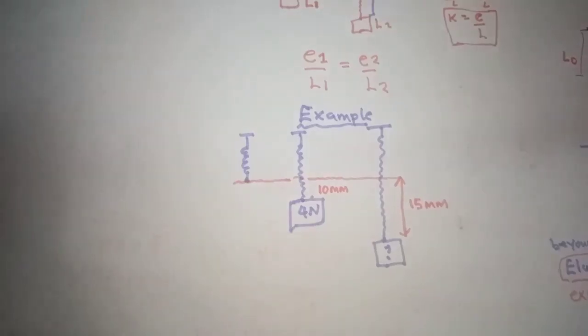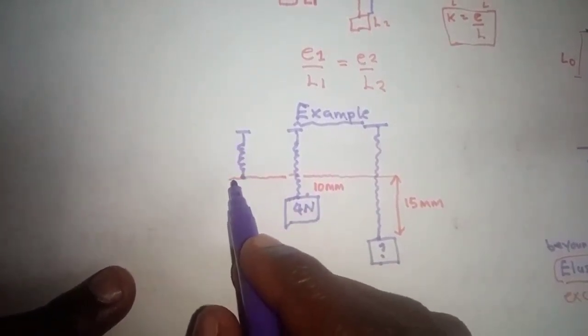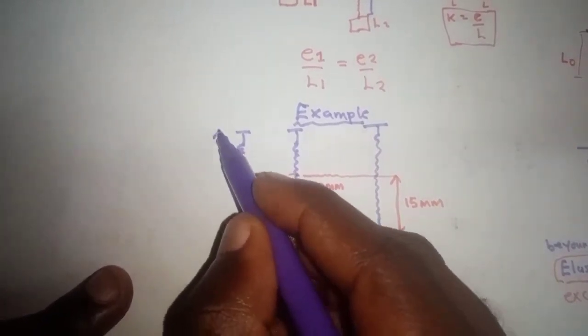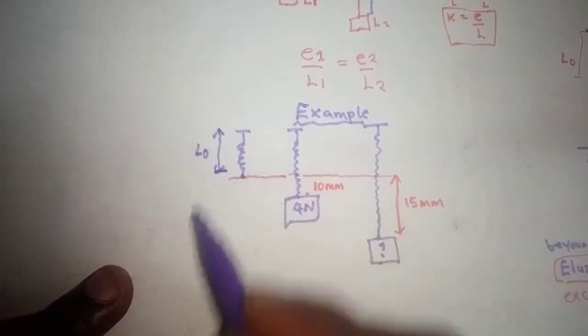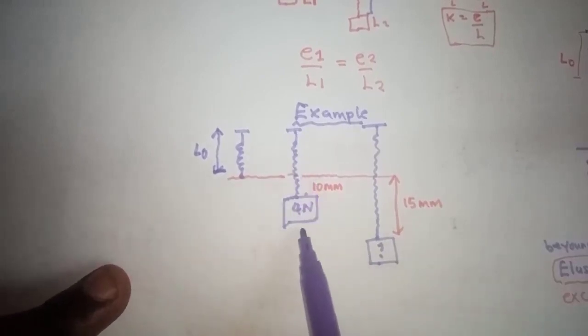Look at this example. So we have this spring, okay, without any load. So this is its original length. We're going to call it L0, the original length. So you have a load added here.